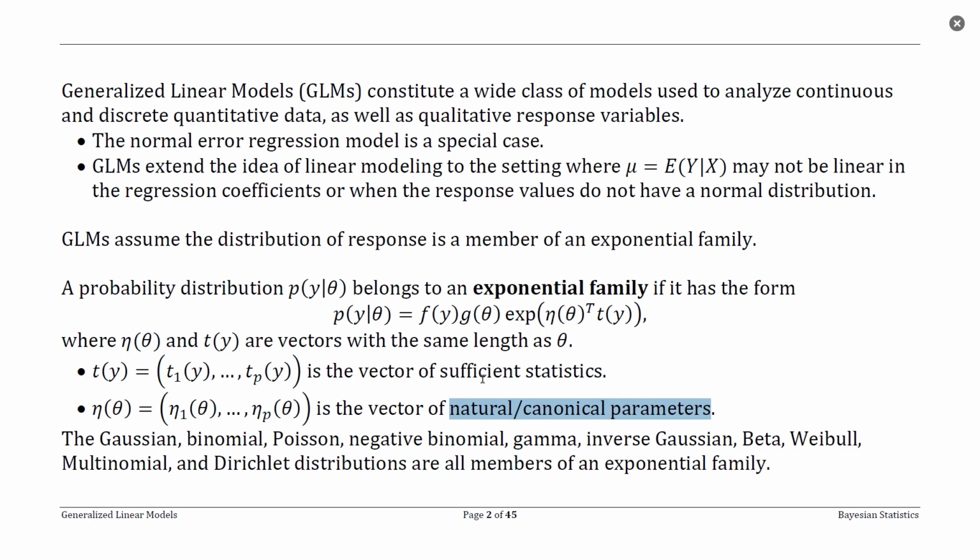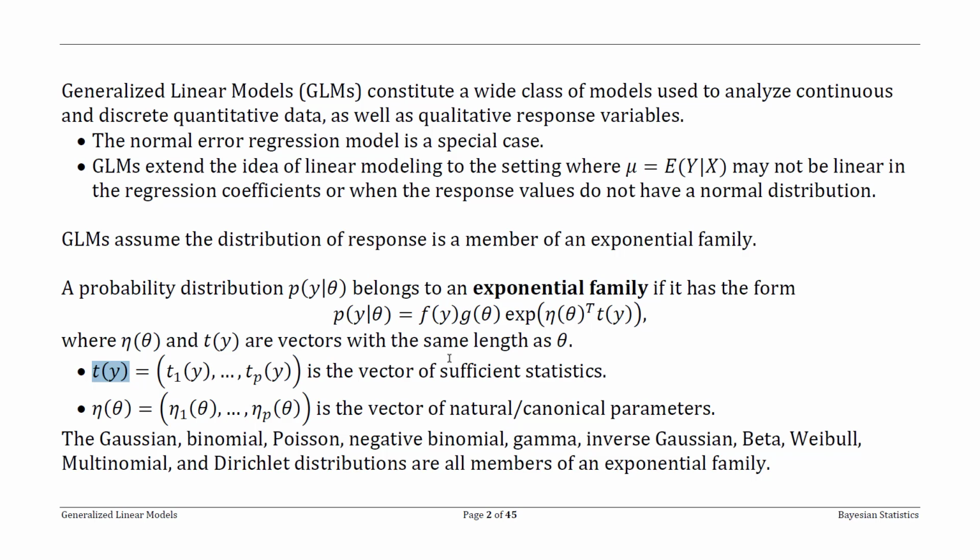Depending on what resource you use, I'm used to them being called natural parameters, but sometimes I see them called canonical parameters because in specific situations this is called the canonical form. And then this vector t of y of statistics is the vector of sufficient statistics. And this actually comes up a lot in frequentist statistics because members of an exponential family have really nice properties.